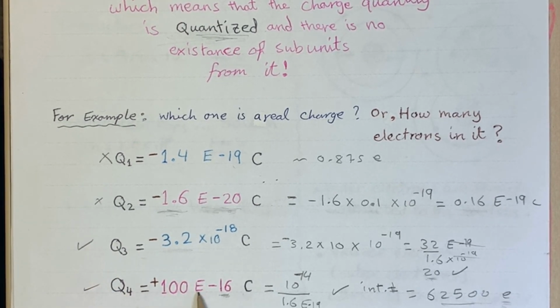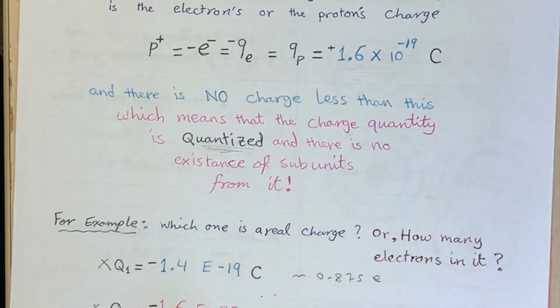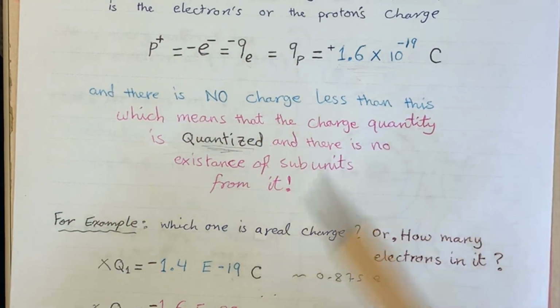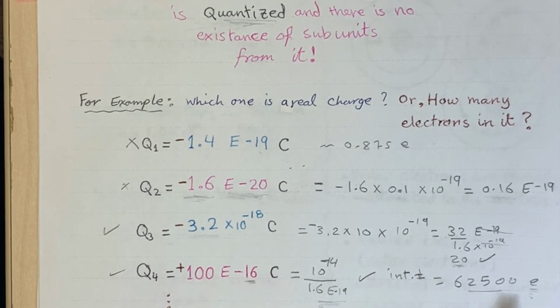100 times 10 to the negative 16, which is much bigger than negative 19 in this scale. 10 to the negative 16 is 1,000 times bigger than this. Multiply it by 100, make it 10 to the negative 14. If you divide it by the charge magnitude of the electron, it will give you an integer number, which is this one.